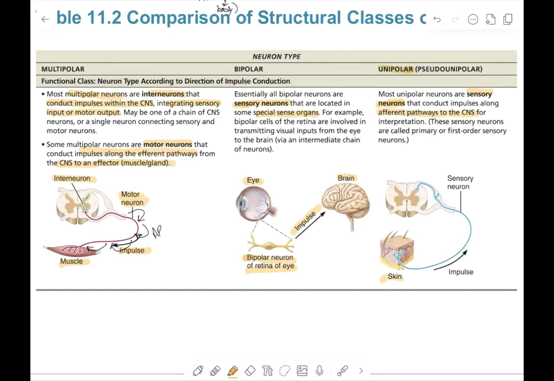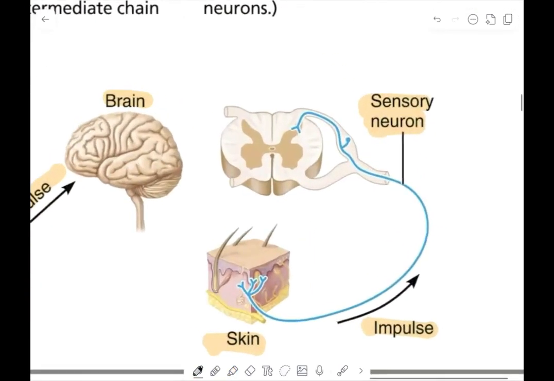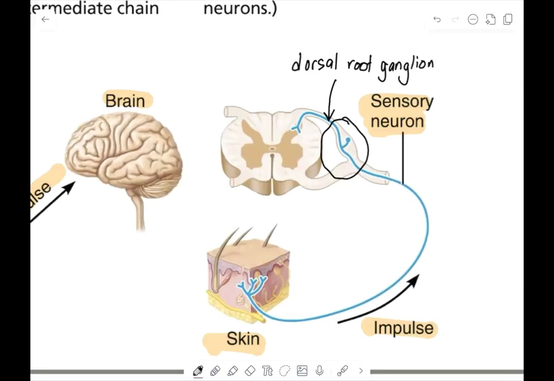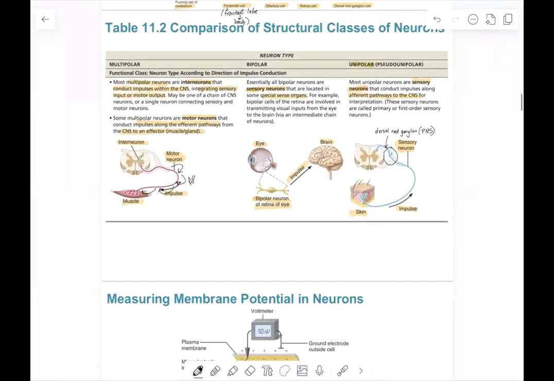So this would be an example of taking an afferent impulse from the skin via a sensory neuron to the spinal cord. And this region right here is what identifies it as a dorsal root ganglion. And you will remember from a couple slides ago that when we see the word ganglion, we need to remember that that's in the peripheral nervous system.